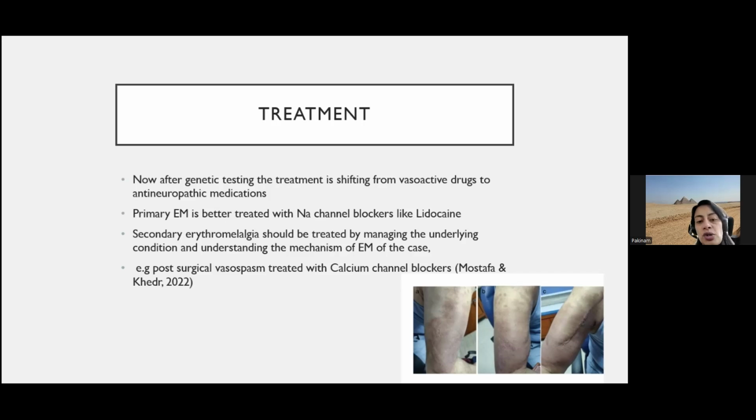It was a post-surgical vasospasm where calcium channel blockers successfully relieved the case. However, as I've mentioned in the causes of secondary erythromelalgia, calcium channel blockers can actually be a cause of secondary erythromelalgia. So, to our surprise, our case was like a trial and error, and this made us understand better the underlying mechanism in our case. Next, please.